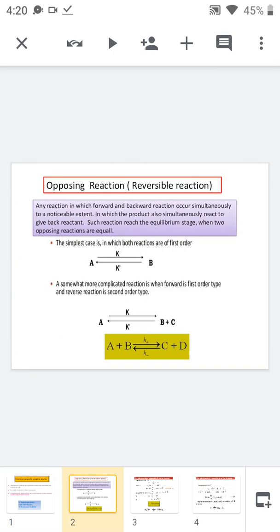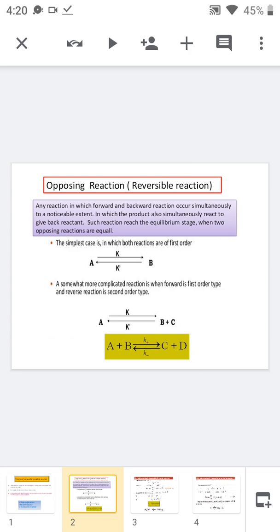Now we will discuss the opposing reaction. Opposing reaction is otherwise known as reversible reaction. Any reaction in which the forward and backward reactions occur simultaneously to a noticeable extent is known as an opposing reaction.